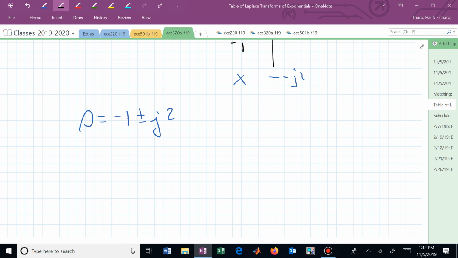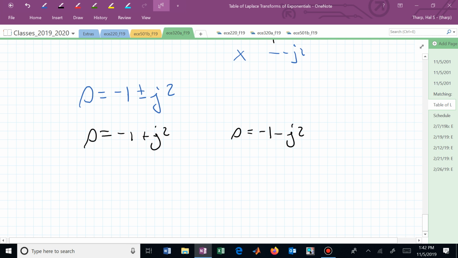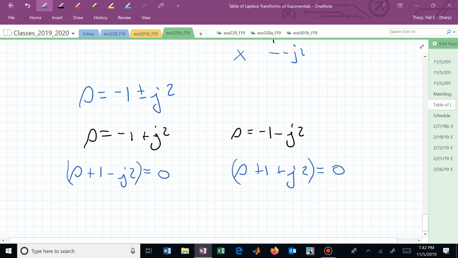Let's say we have S equal to -1 plus j2 and S equal to -1 minus j2. We're really solving for the values of S that cause that quadratic to vanish, but if we put all my terms on one side, I have an S plus 1 minus j2 equals 0, and this is an S plus 1 plus j2. Here's one of my factors, and there's the other.